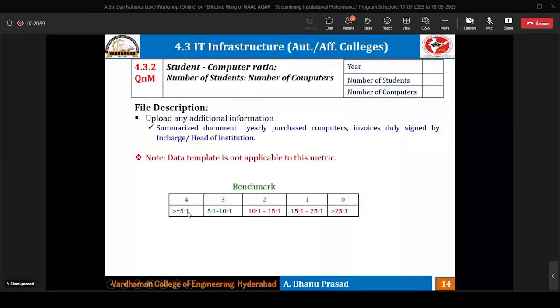Being computer center in charge earlier, we were maintaining nearly 1:2, where our students are 4,000 plus and computers are 2,300. Of course, we can also segregate this with respect to computers used for student and administration purposes.